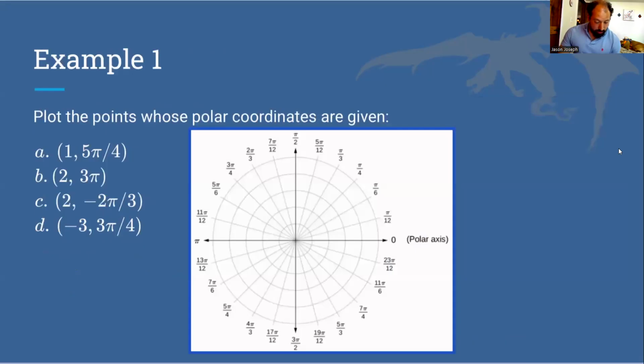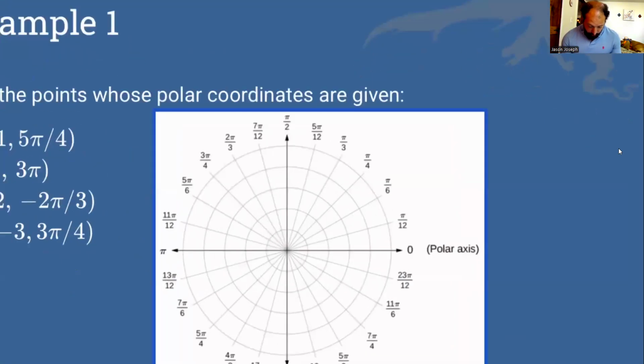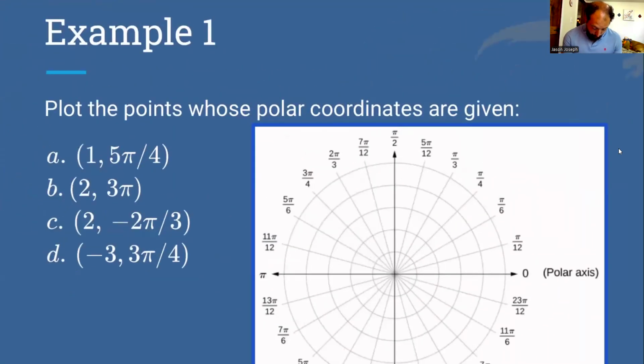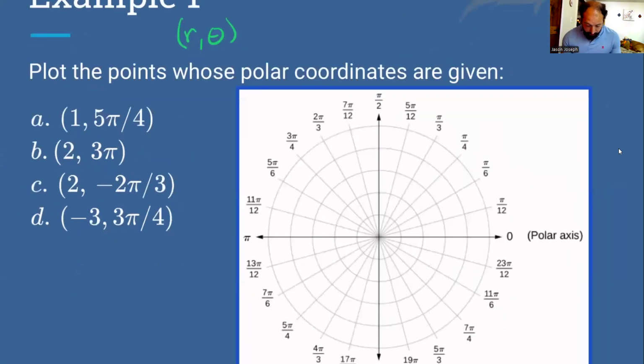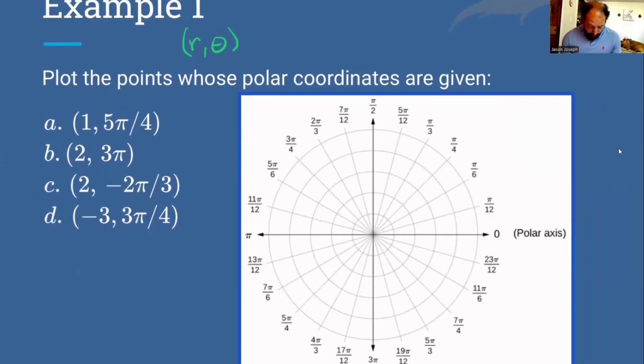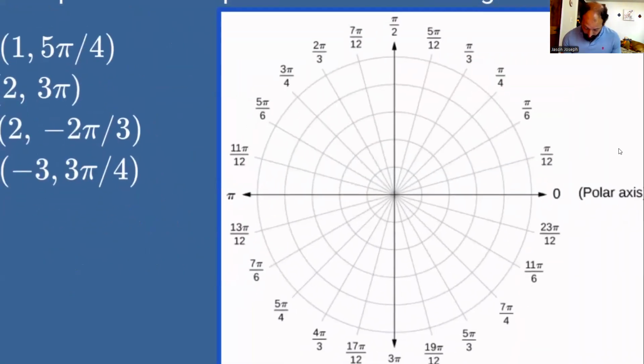Okay, so here's an example: plot a few points. I'm just going to do a couple of these and let you do the rest. Remember the polar coordinates always go r first and then theta. So a radius of 1 means we're on the unit circle, and an angle of 5 pi over 4 is here.